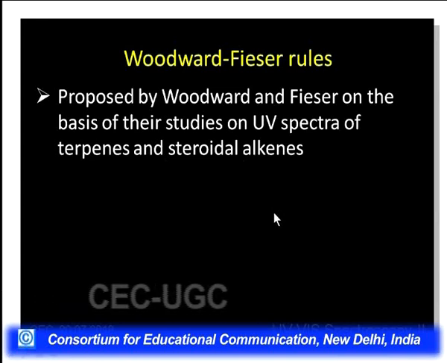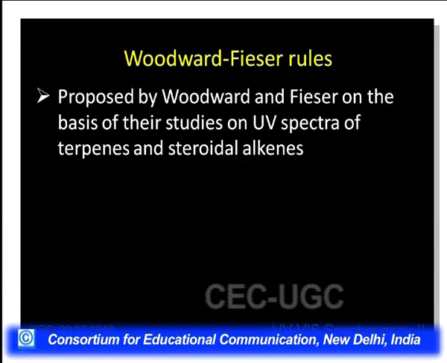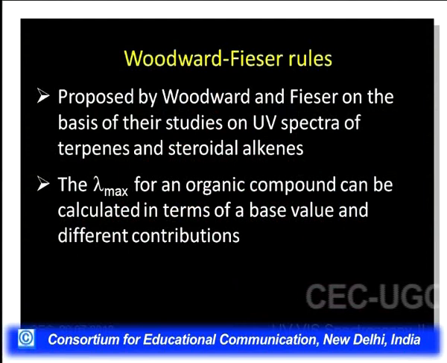That means they collated all available spectra of terpenes and steroidal alkenes, and found that some kind of pattern is there in their lambda max values, which could be put together as a set of rules.